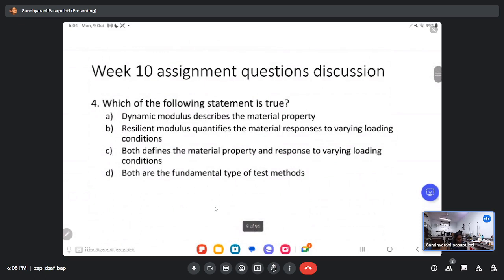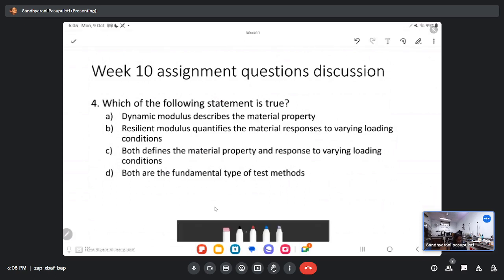Which of the following statements is true? Dynamic modulus describes the material property. Yes, as we have already discussed last week, dynamic modulus exclusively describes the material property of the particular material. Resilient modulus quantifies the material response to varying loading conditions.